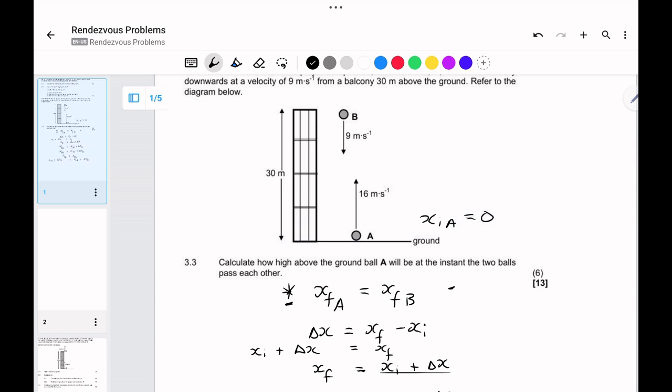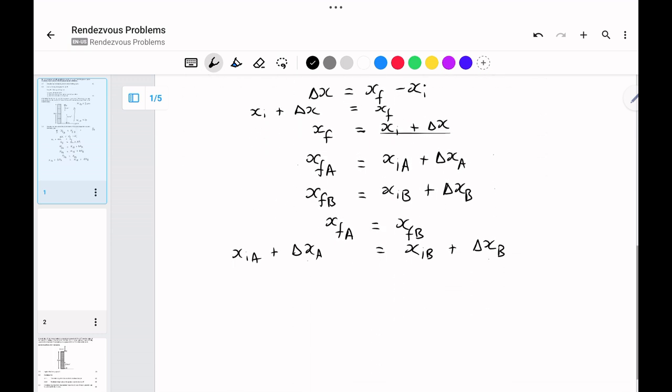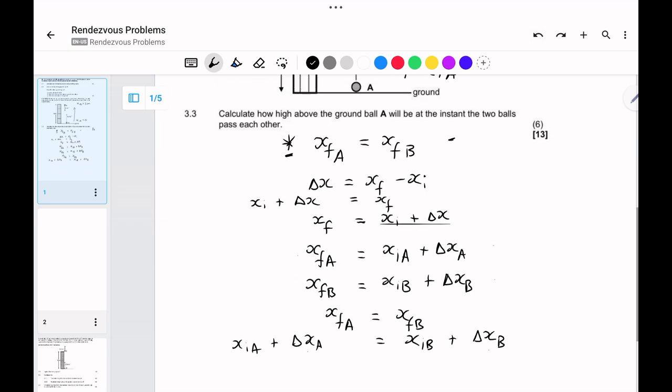And if we say that up is positive, then the position increases going up. So the initial position of B is 30 meters. So we don't need any equation of motion for x initial A or x initial B.